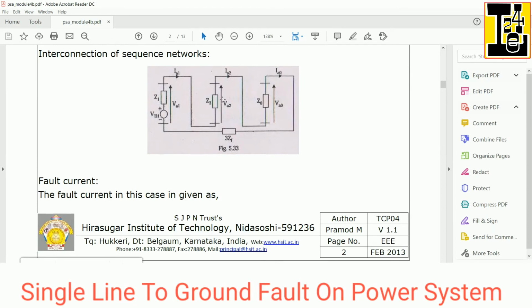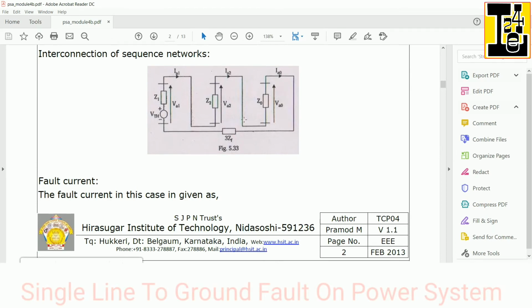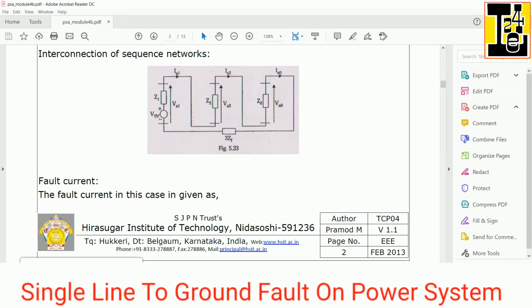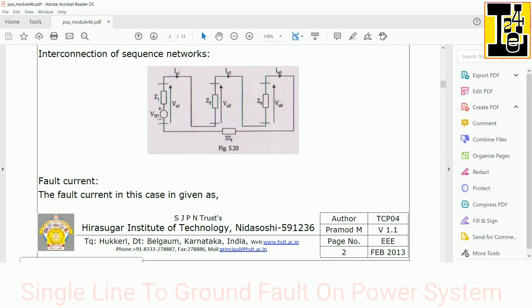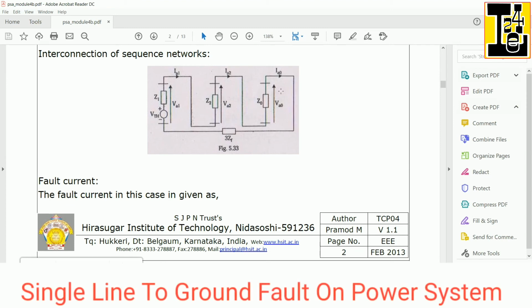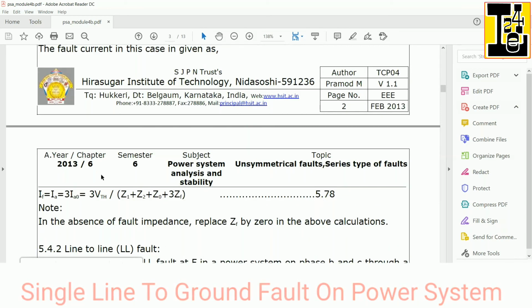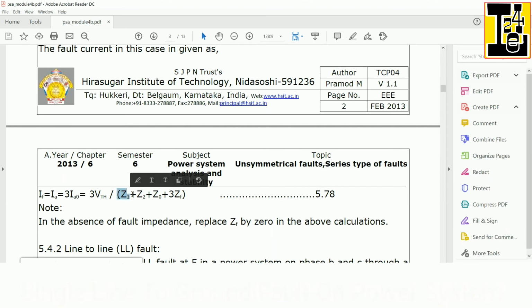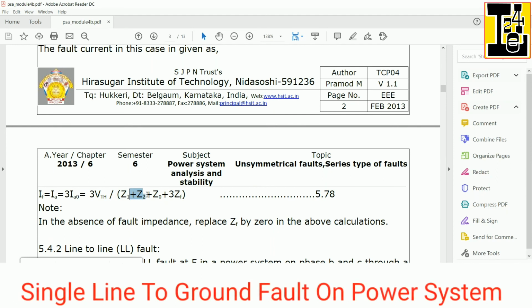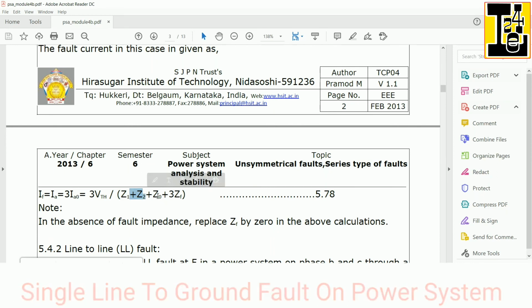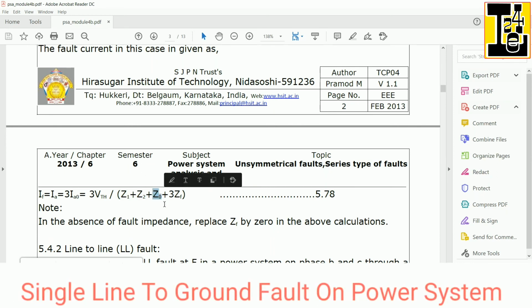Here the current flowing in this loop, this entire network, will be equals to the Thevenin equivalent voltage divided by the total impedance of this circuit, that is V Thevenin divided by Z1 plus Z2 plus Z0 plus 3 ZF. Here Z1 is the positive Thevenin equivalent impedance, Z2 is the negative Thevenin equivalent impedance, and Z0 is the zero Thevenin equivalent impedance of the entire power system.